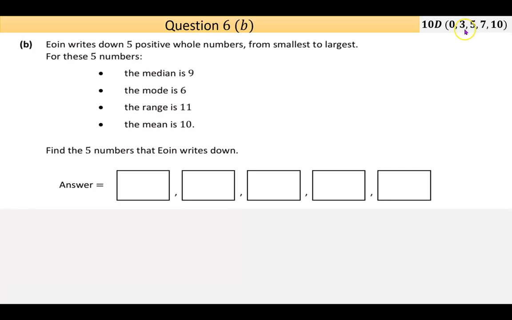Now it's a 10 marker, so getting the low partial of 3 could be fairly achievable. Really, the range is the biggest value take away the lowest value. If you pick any 2 numbers that subtract to give 11, you have definitely got the low partial. If you can get more than one thing correct, like for example, the median is the middle value, so this value here has to be 9.